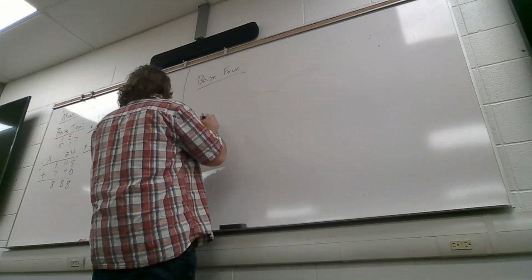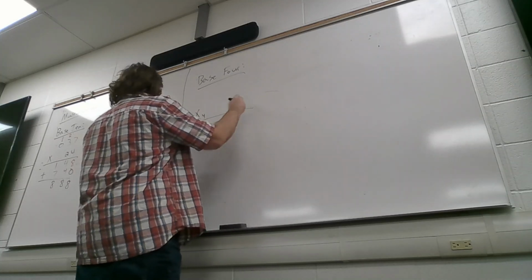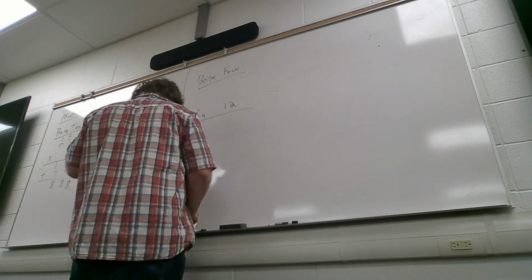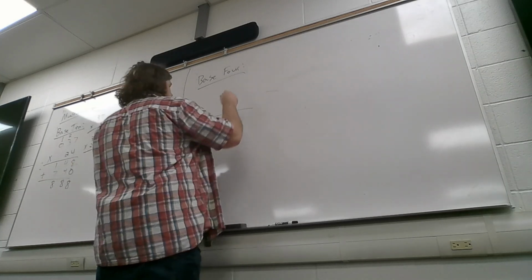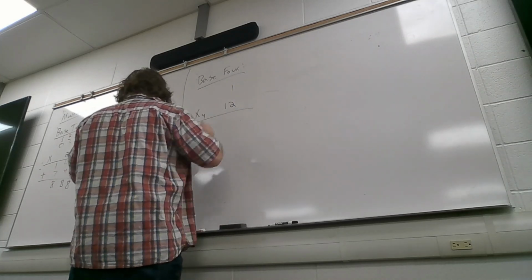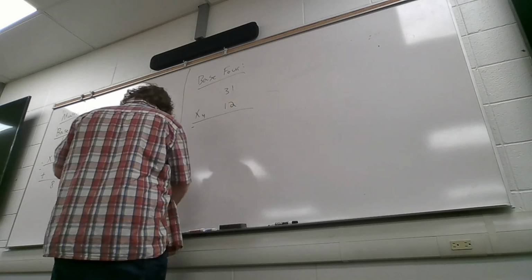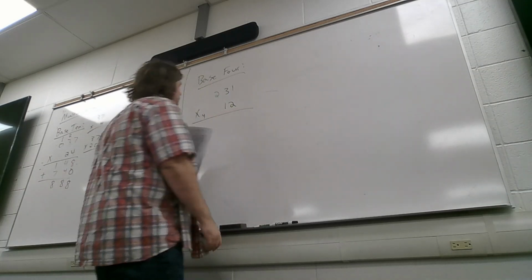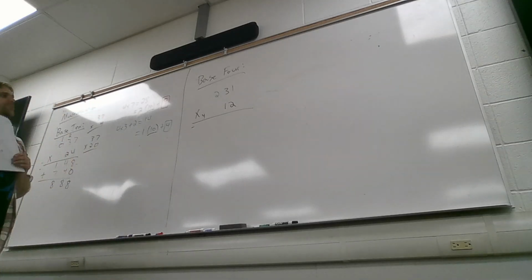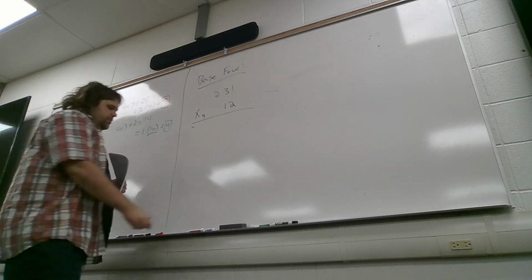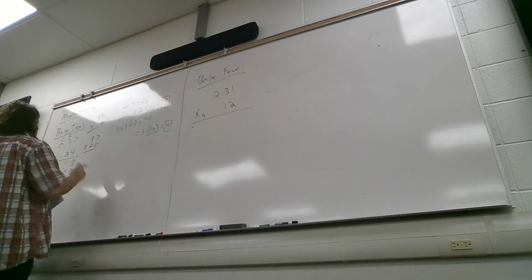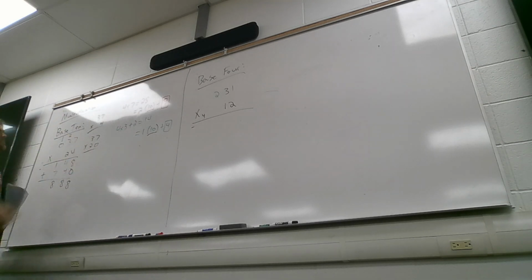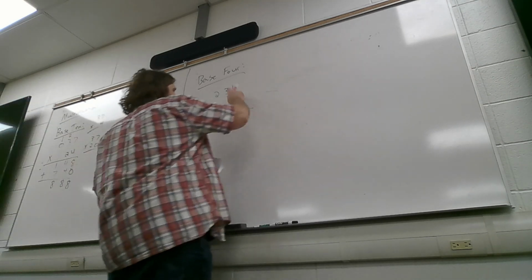So we're going to do, the bottom number is 12, or 1, 2, and then I've got 1, 3, 2. So this is the multiplication we're doing. Same exact thing here. We start at this number and ask, what's this number times this number? So what's 2 times 1?